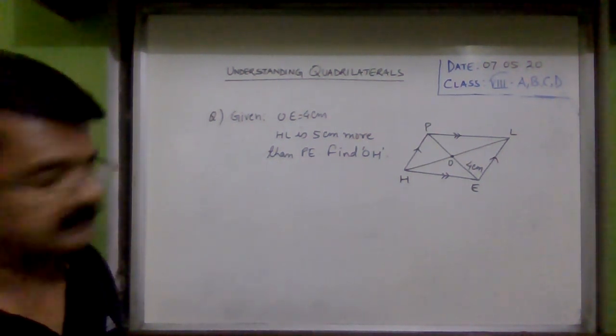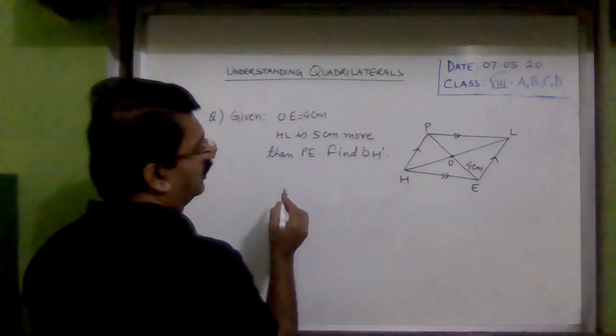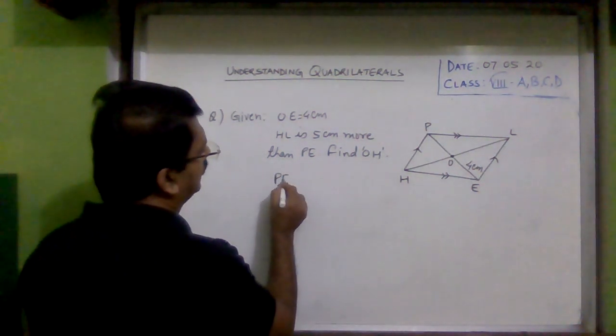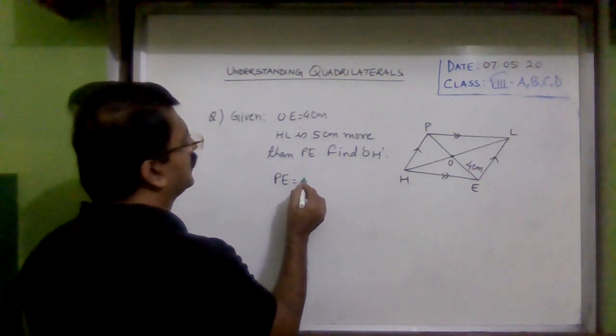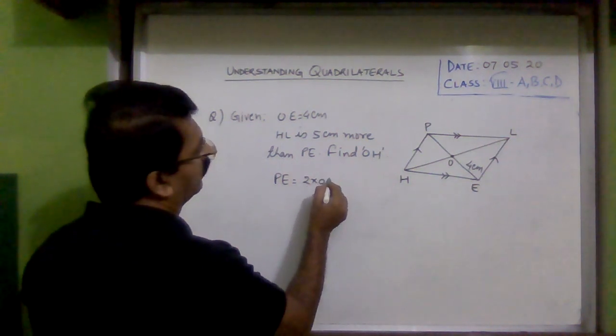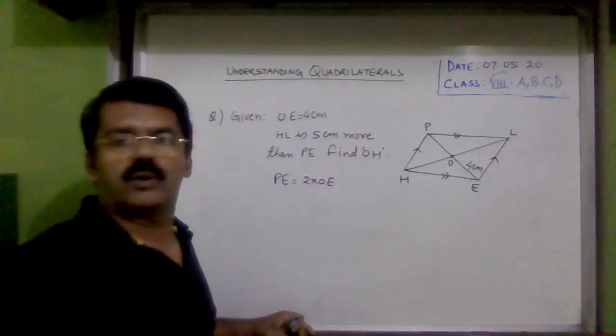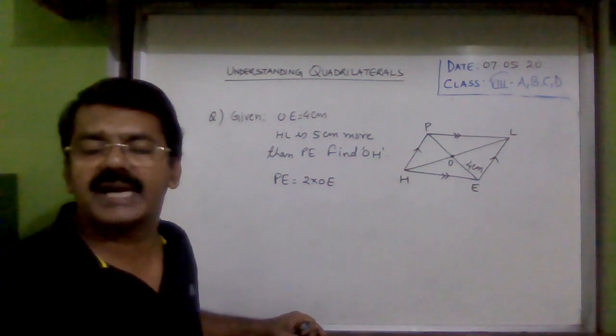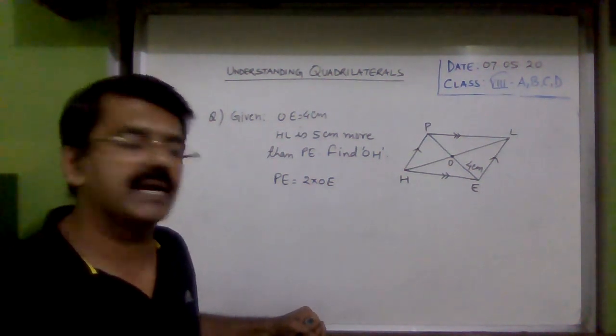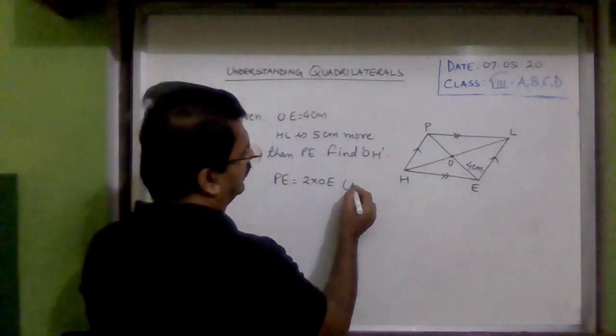Now you see, first of all, PE is equal to 2 times OE. Now what is the reason? Because O is the midpoint of PE, as the diagonals of a parallelogram bisect each other.